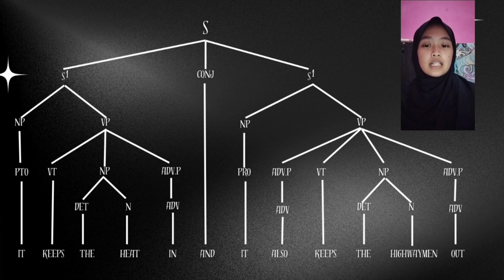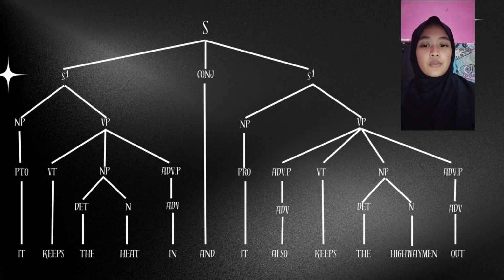And then it has a VP or verb phrase consisting of adverb phrase also, VT transitive verb keeps, NP or noun phrase the highwayman, and then adverb phrase out. The noun phrase the highwayman is divided into determiner the and noun highwayman.